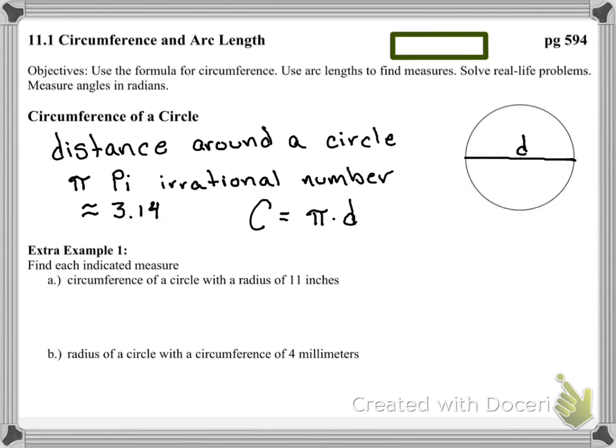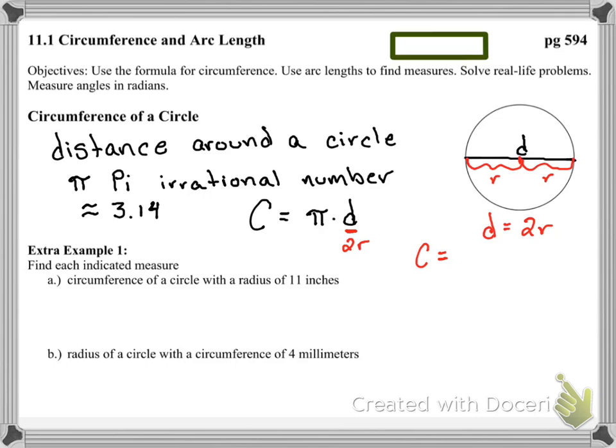And that will get me the distance around this circle, approximately. But we know that a diameter is the same as 2 radii. So here's my diameter, here's one radius, here's one radius. So we know the diameter is equal to 2 radii. So we can actually replace this diameter with 2 radii, and then we end up getting another version for circumference.